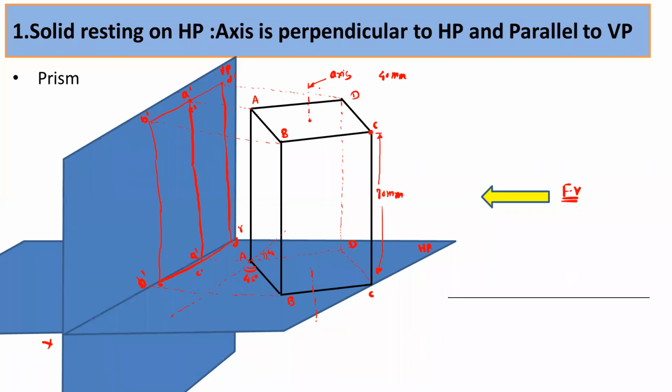Okay, and if you observe from the top direction, then from the top direction you can observe this square. But that square will be equally inclined with the vertical plane.